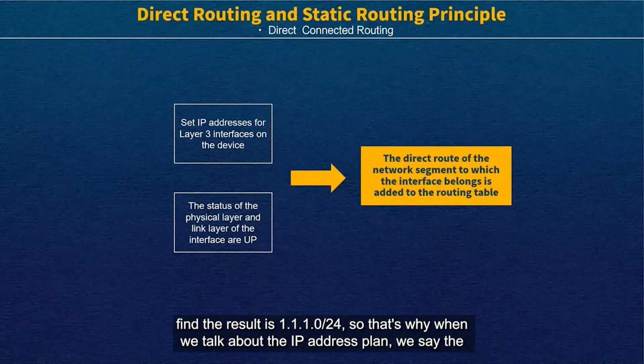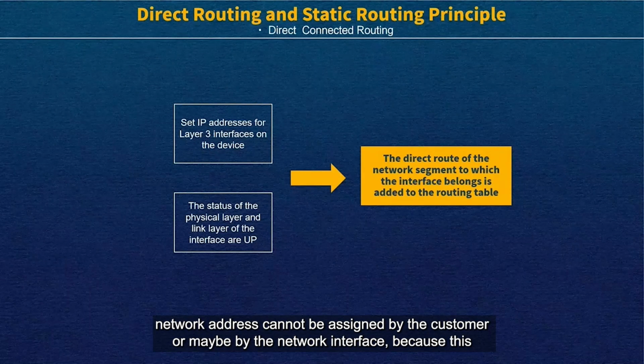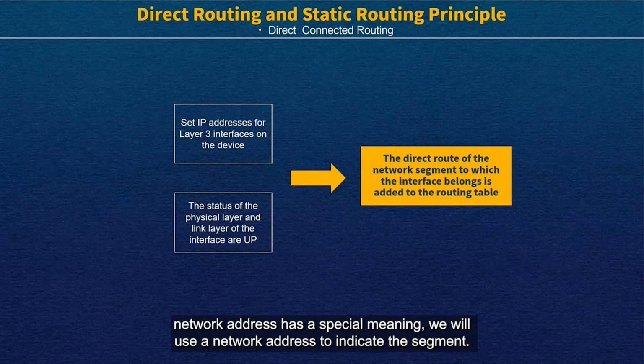You will find the result is 1.1.1.0/24. So that's why, when we talk about the IP address plan, we say the network address cannot be assigned by the customer or to a network interface, because this address has a special meaning. We use the network address to indicate the segment.